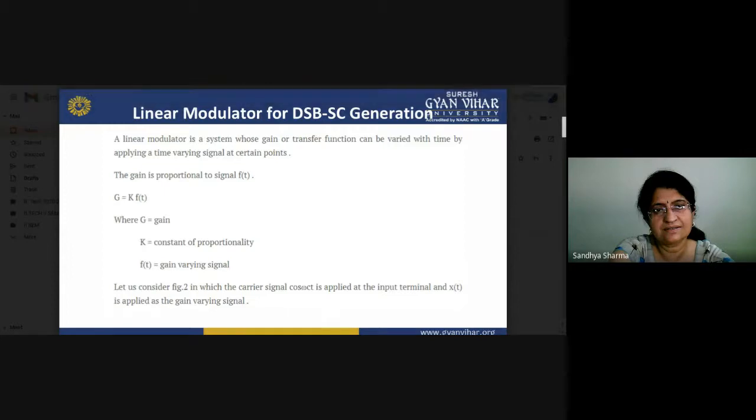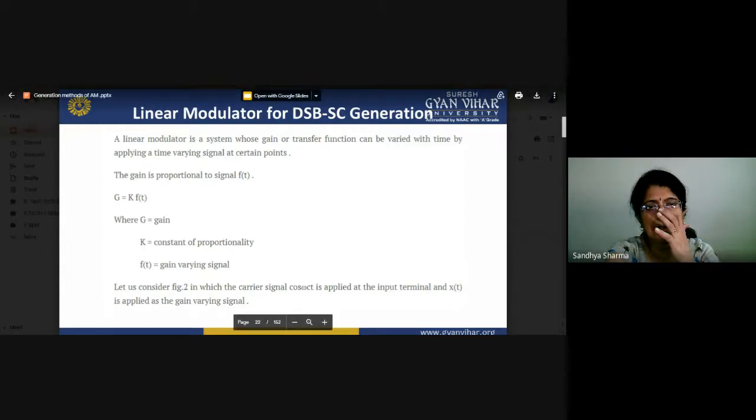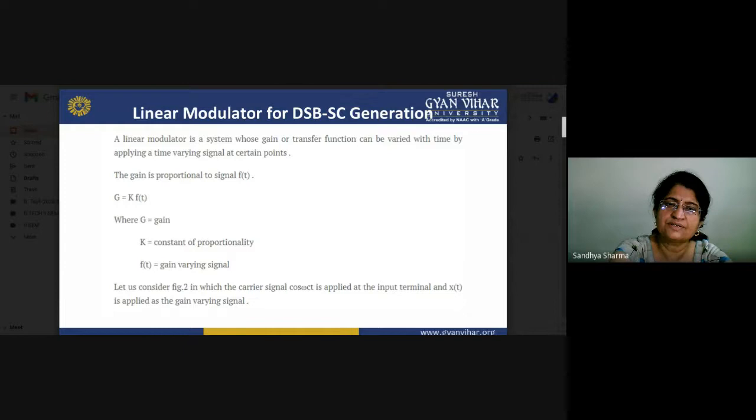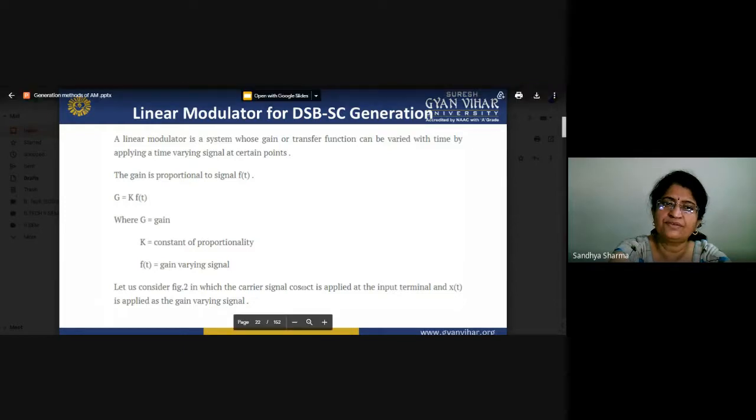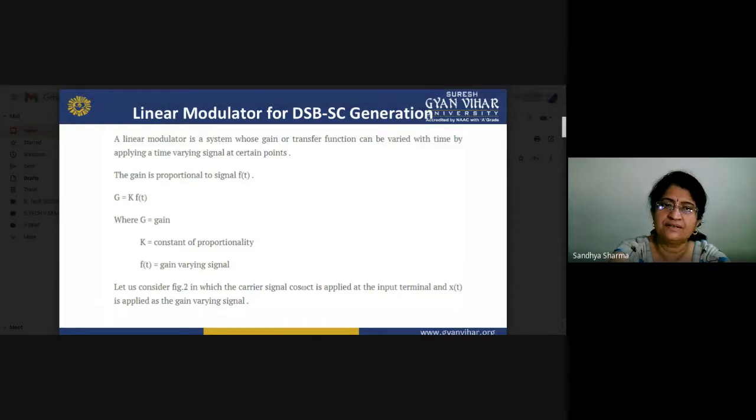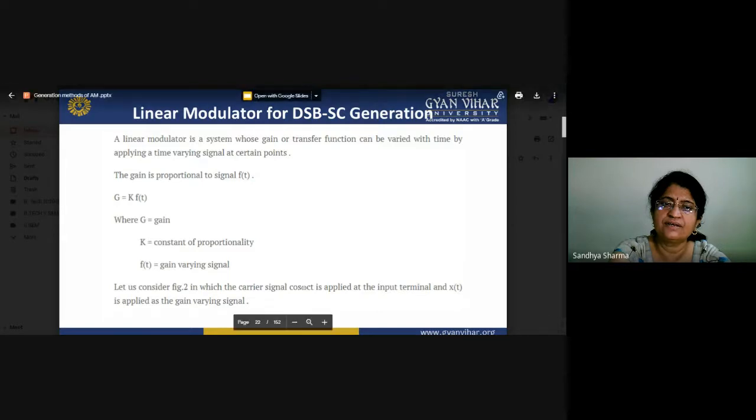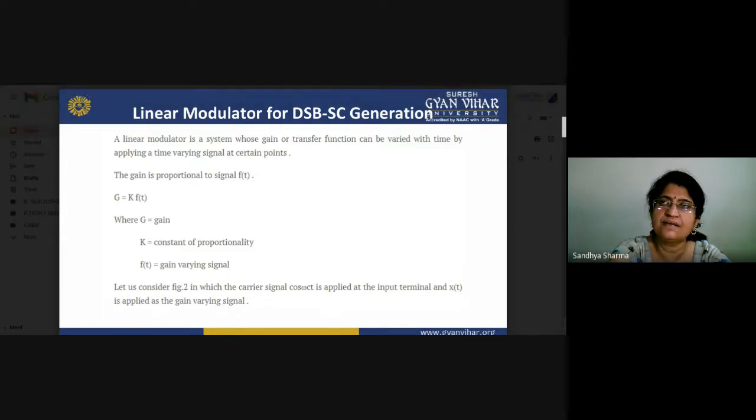Suppose the gain is ft, and ft is proportional to the signal. So K into ft is equal to the gain g, where K is the constant of proportionality and ft is the gain varying signal, meaning a signal whose gain is varying continuously.